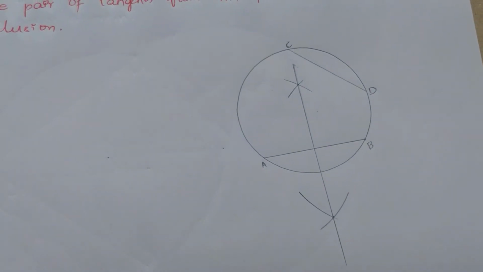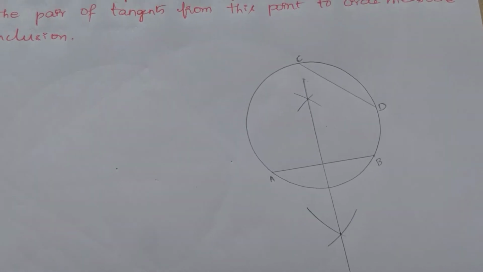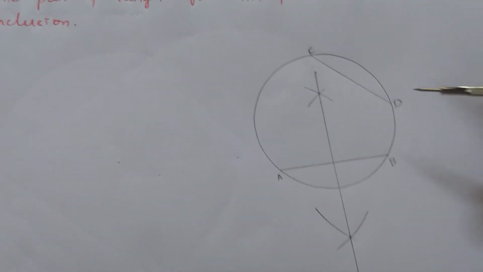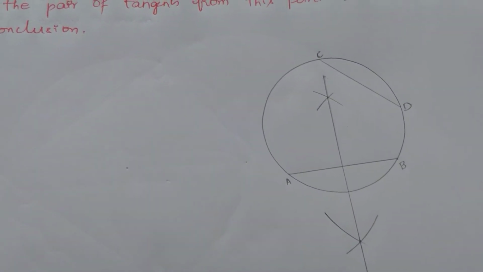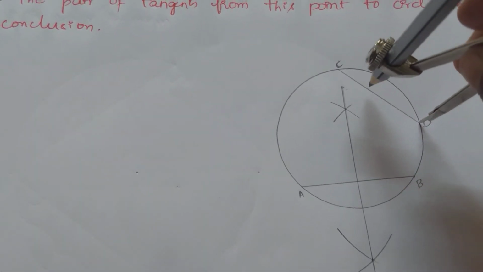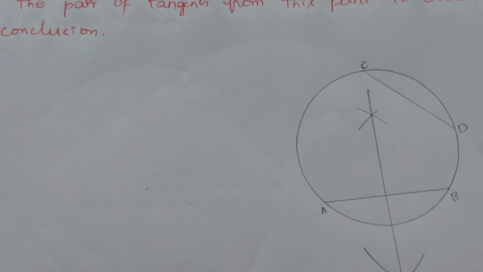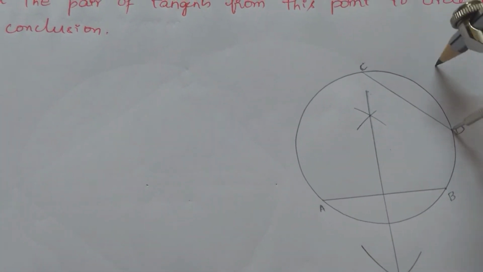So in the next step, again, you have to draw the perpendicular bisector for the chord CD also. Same way. See, more than half of its length. See, when you see here from the points, this is more than half of its length, right? Correct? So from both the points C and D, let's draw the arcs.